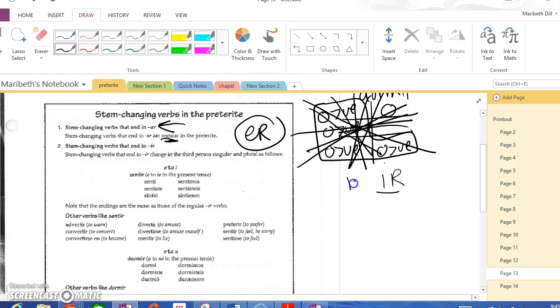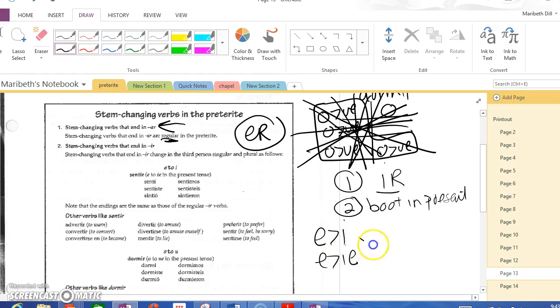So two things must be true. One, it has to be an IR verb. Two, it has to be a boot verb in the present. If those two things are true, then here's what's going to happen. If it is an E to I or an E to IE in the present, it will be E to I downstairs.